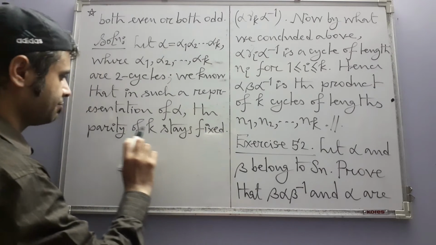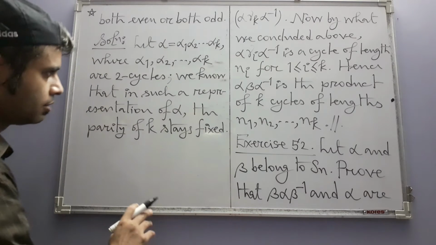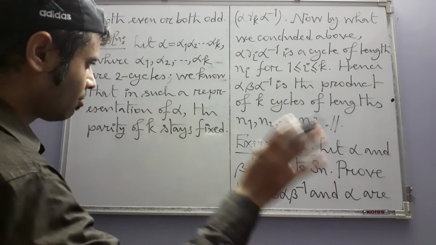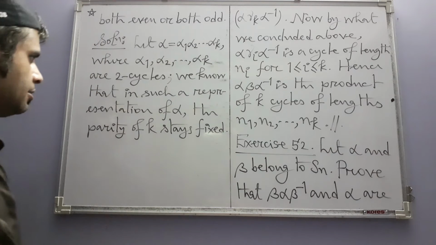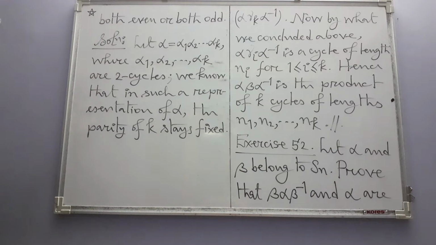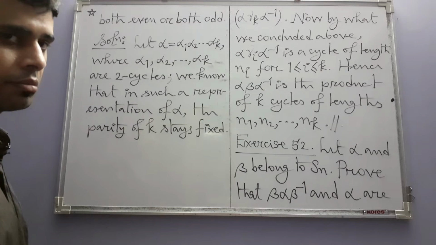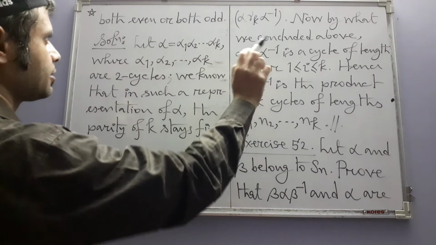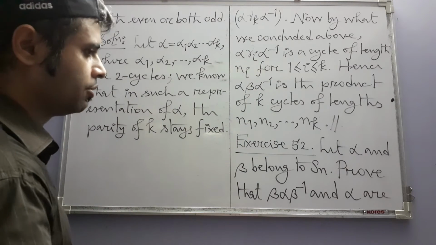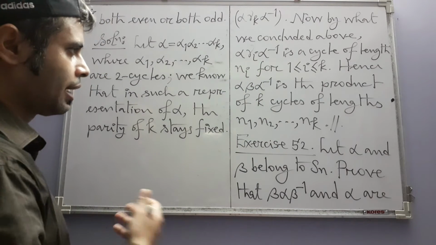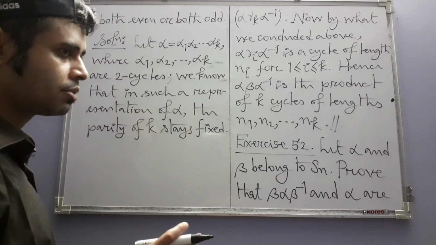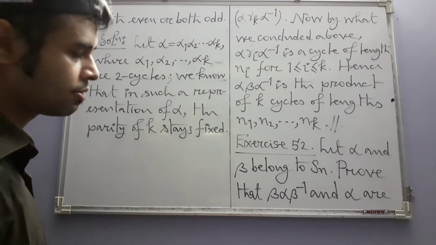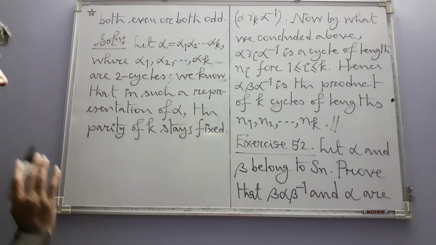That means if it is even, then it's even. If it is odd, then in all such representations it is odd. That number is odd, although the actual numerical value of the number may change. Say for example, if it is 2, then in another representation it may be 4 or 8 or 100, but it will never be equal to say 33, because that is odd, right?